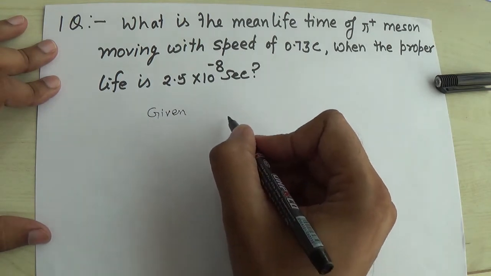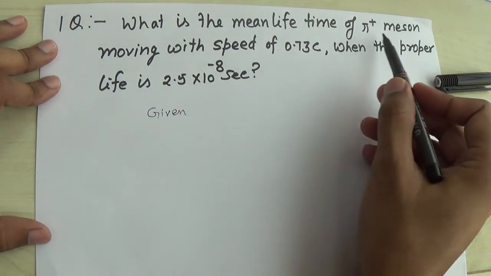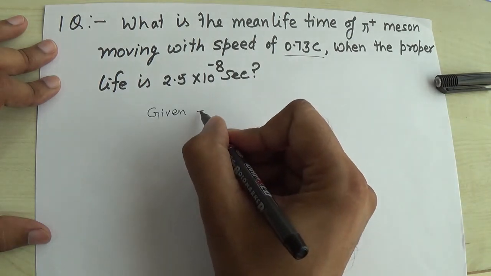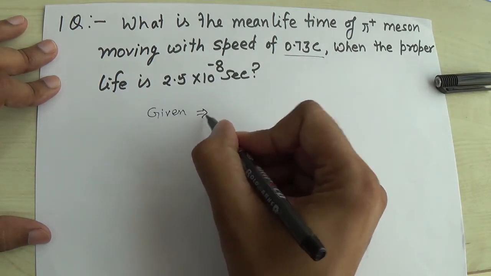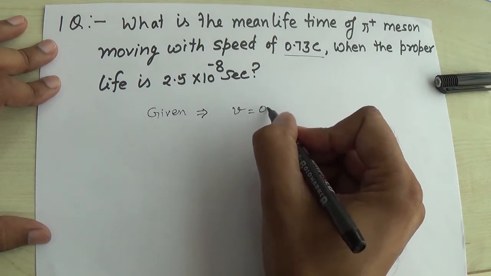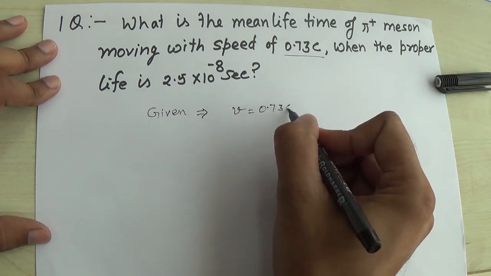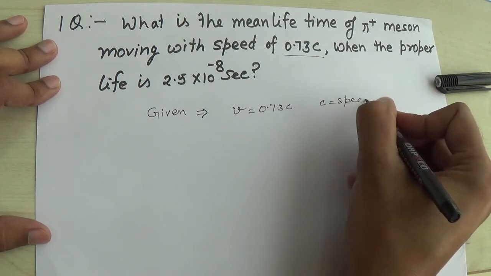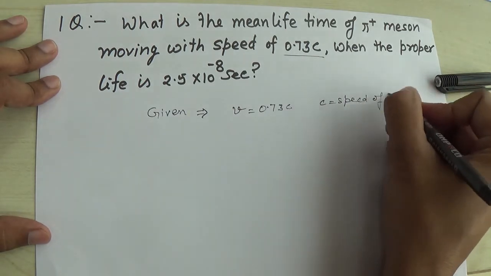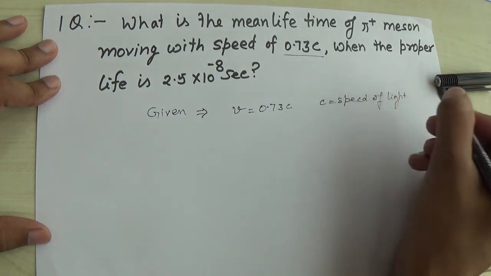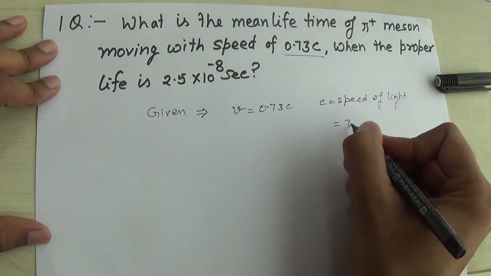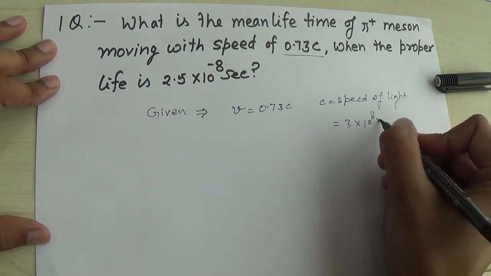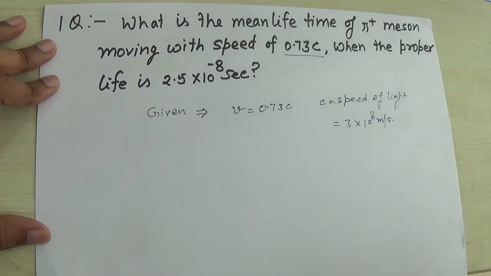Given is v equal to 0.73 c, where c is the speed of light, that is 3 into 10 raised to the power 8 meter per second, right?